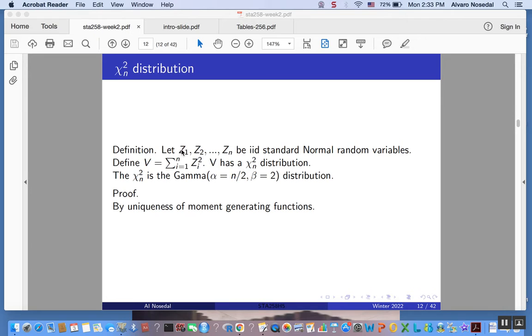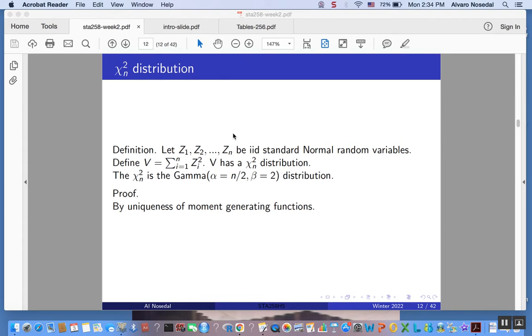So now, with these, we create a new random variable, V. This transformation is defined as follows. It's just going to be the sum of the squares of our n original random variables.